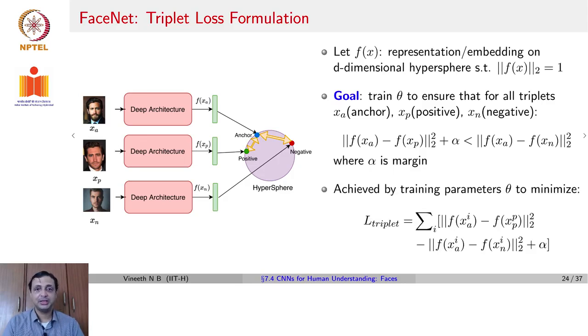This is achieved by using the triplet loss, which is given by ||f(xa) − f(xp)||² − ||f(xa) − f(xn)||² + α. It's simple to see that this will now try to ensure that this loss has at least a certain margin of α between the distance from the negative sample to the anchor and the positive sample to the anchor.